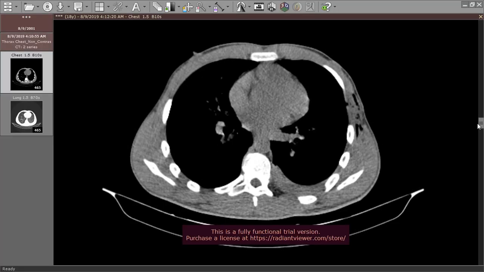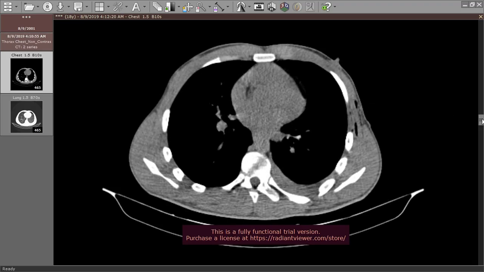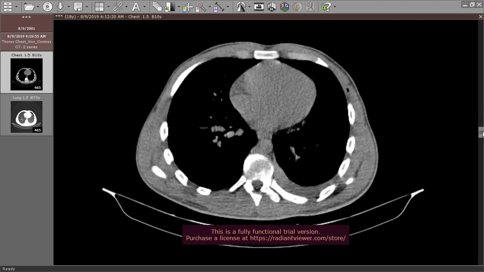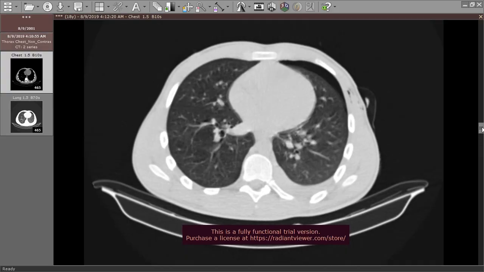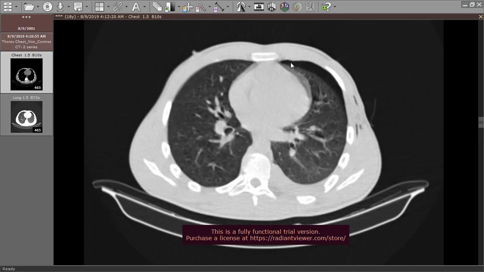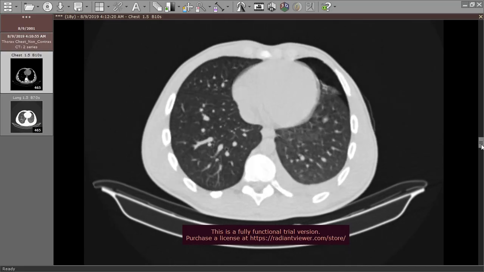We have these air foci in the subcutaneous region. This is what's called surgical emphysema, mostly at the site of stab or trauma. When you go through the lung window, you can see the pneumothorax, so it's hydropneumothorax or hemopneumothorax actually.